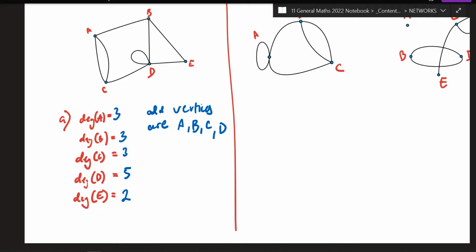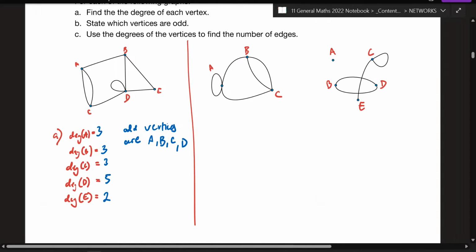You could say just all but E, and that's fine too, but I think in Year 12 they do want you to be specific with it. So a loop is 2 edges? Yes. A loop counts for 2 edges because it connects to itself twice.